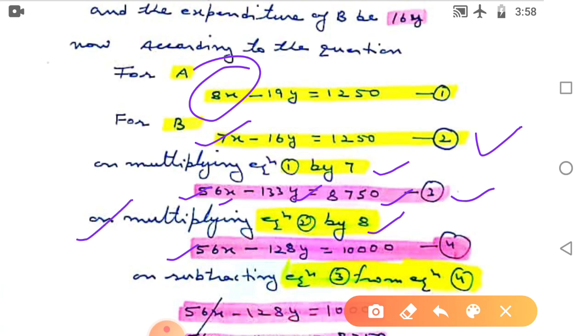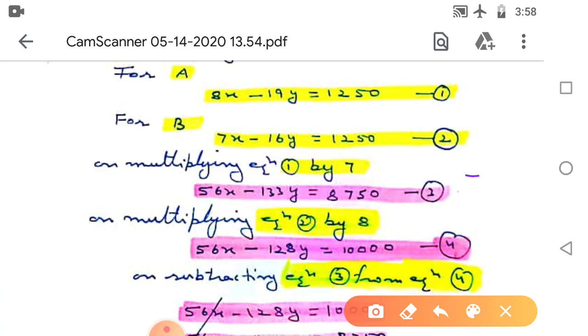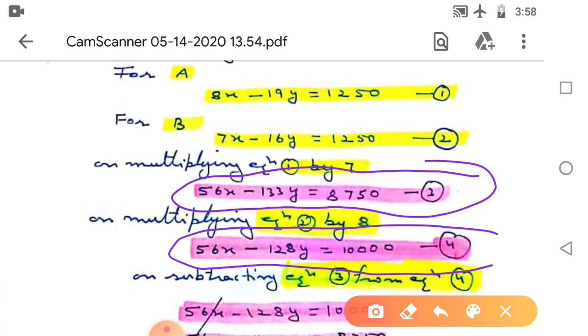Now on multiplying equation 2 by 8, the equation becomes 56x minus 128y is equal to 10,000. Now in front of you, you have two main equations, equation number 3 and equation number 4.